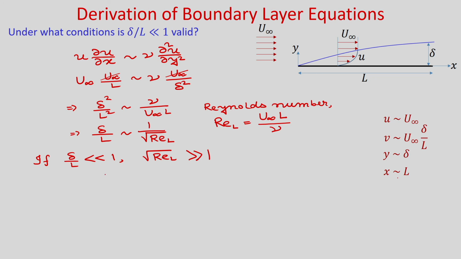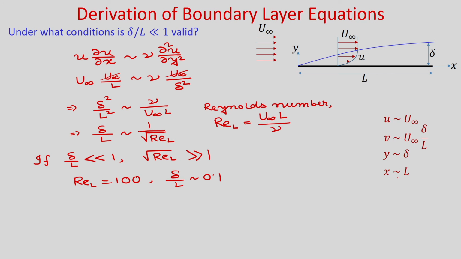If the Reynolds number is 100, then delta by L will be 1 by root 100, so it will be 0.1. So, when the Reynolds number is high, at least greater than 100, the condition delta by L much smaller than 1 is valid.